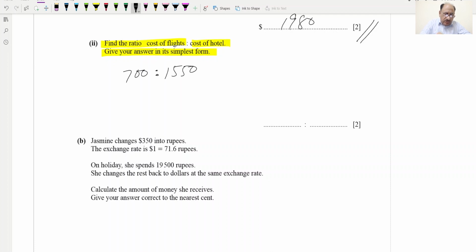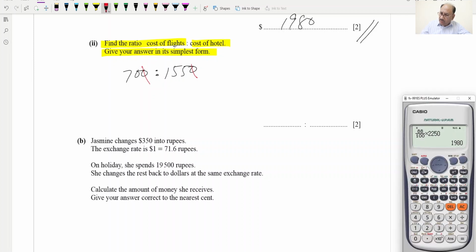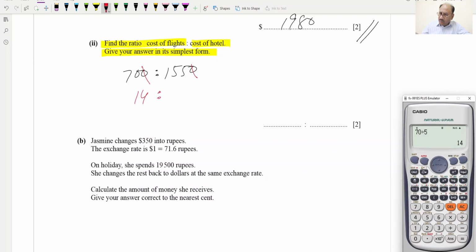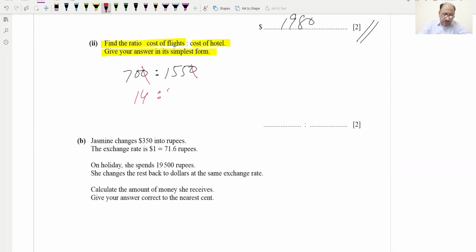We can cancel the 0 with 0, and then divide by 5. So 70 divided by 5 will be 14, and 155 divided by 5 will be 31. So our simplified ratio will be 14 to 31; further simplification is not possible, and this was a 2 mark question.